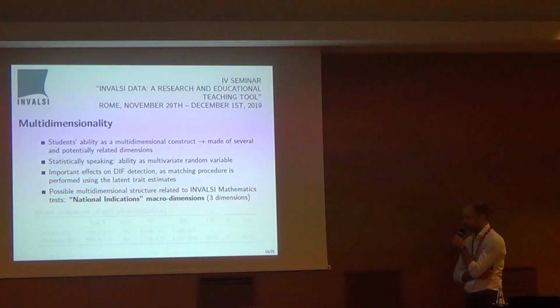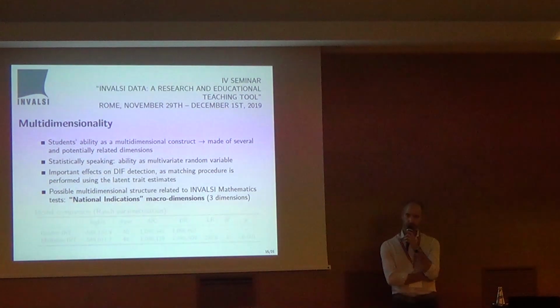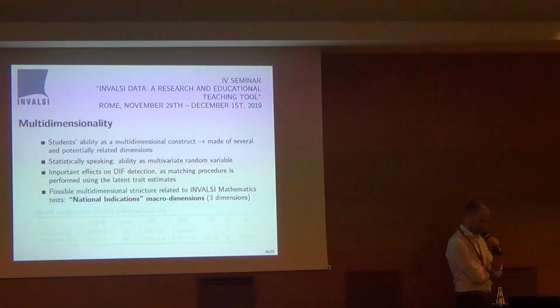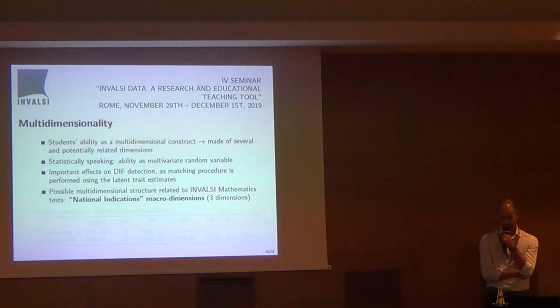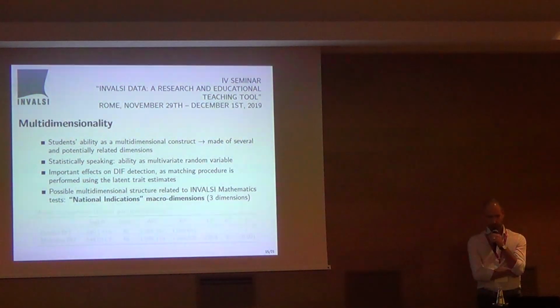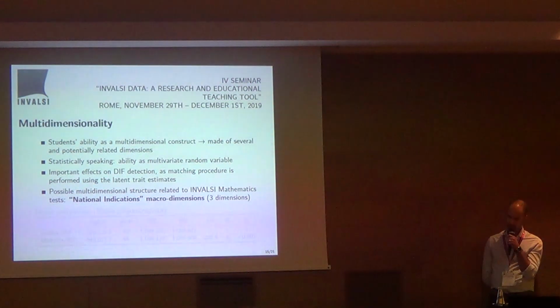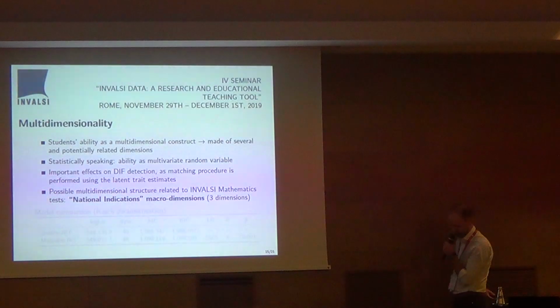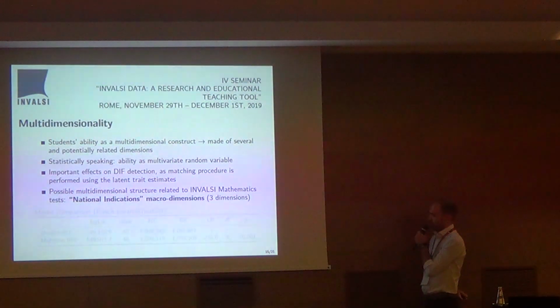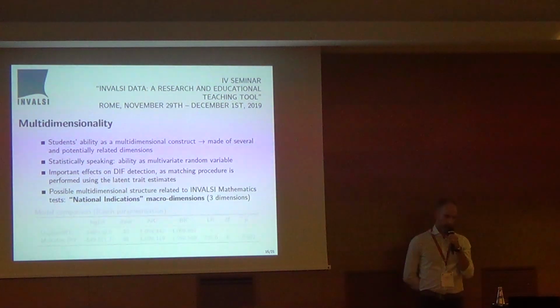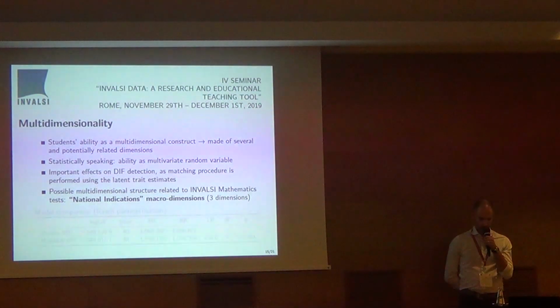We can consider the ability as a multidimensional construct. This means that the student's ability is made of several and potentially related dimensions, and from a statistical point of view, this means that we have to use a multivariate random variable.